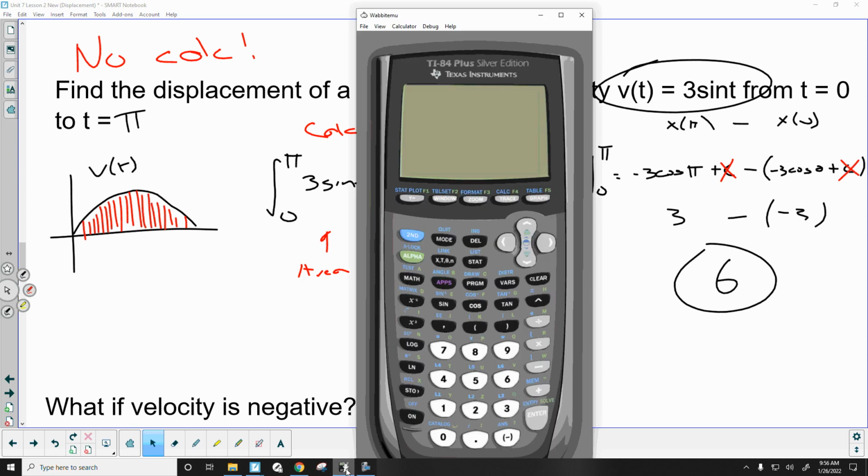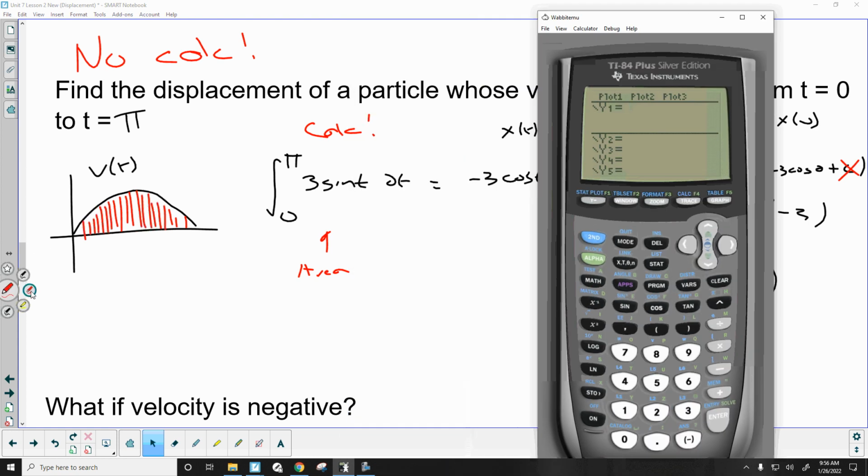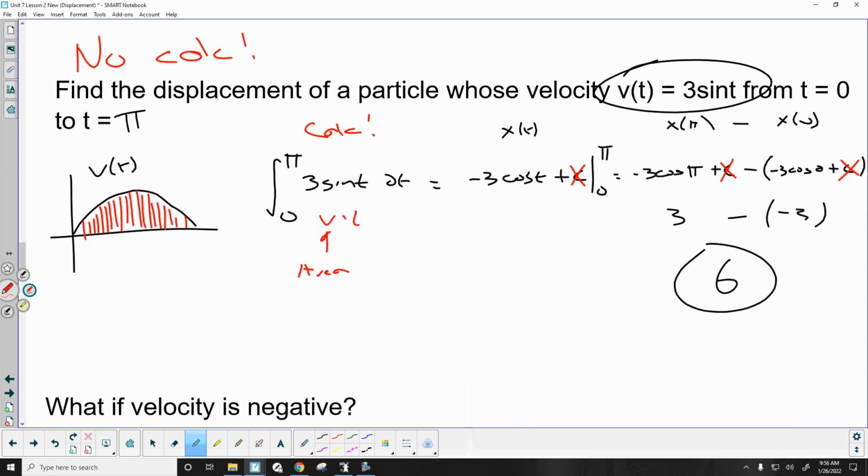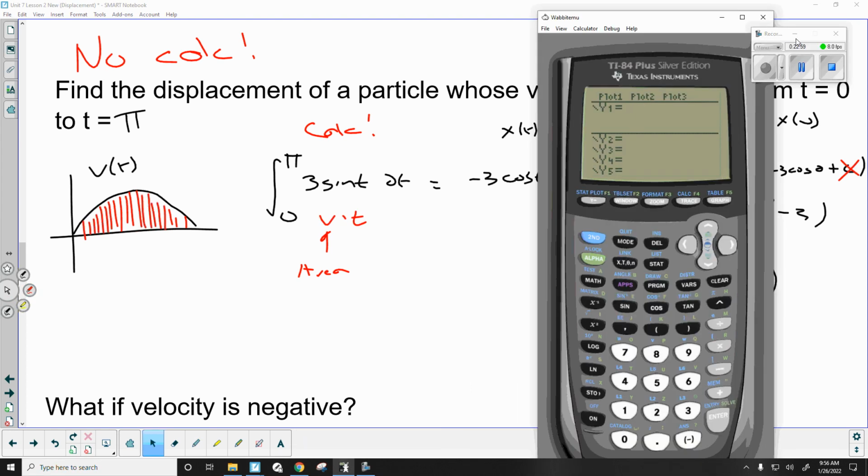We will get the answer 2 different ways. One way without a calculator, one way with a calculator. So let's graph. Everybody, go with me. 2 ways for our calculator to do the velocity times time. We can either graph 3 sine t.